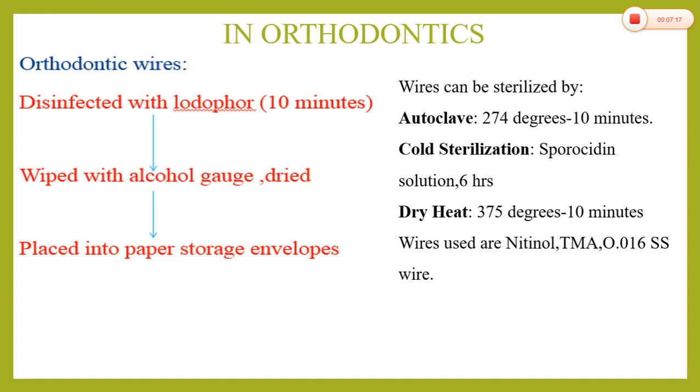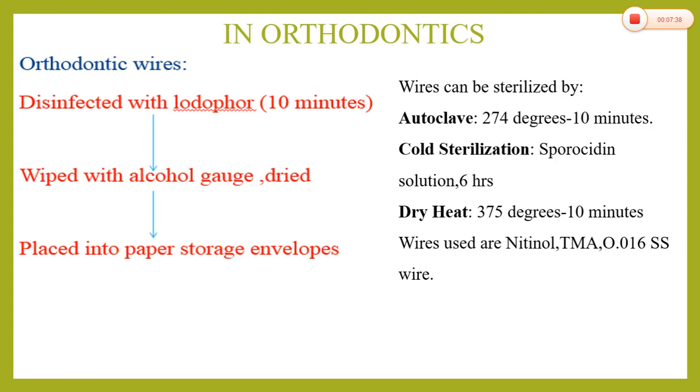In orthodontics, the wires can be sterilized by autoclave at 274 degrees centigrade for 10 minutes. Cold sterilization, sporicidin solution for 6 hours. Dry heat 375 degrees centigrade for 10 minutes.